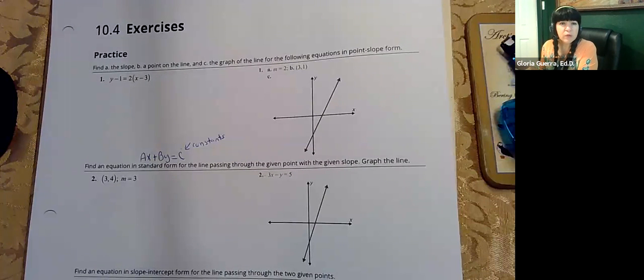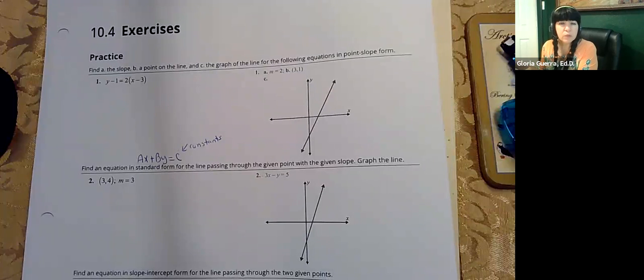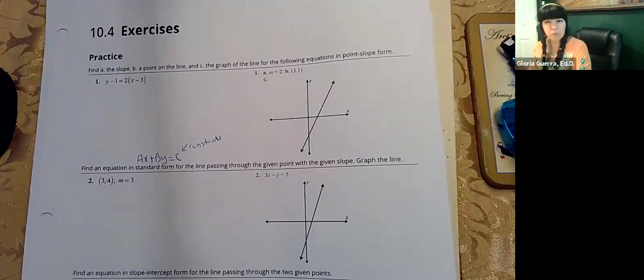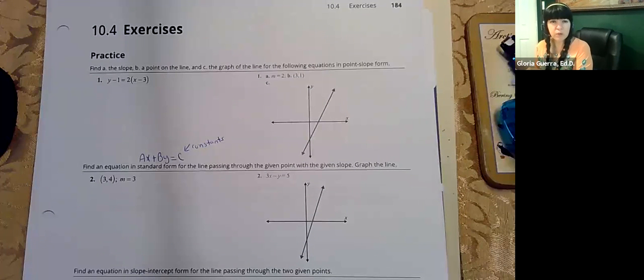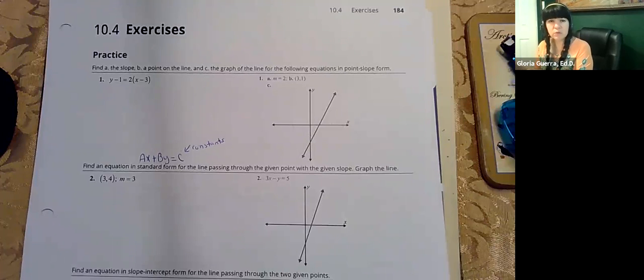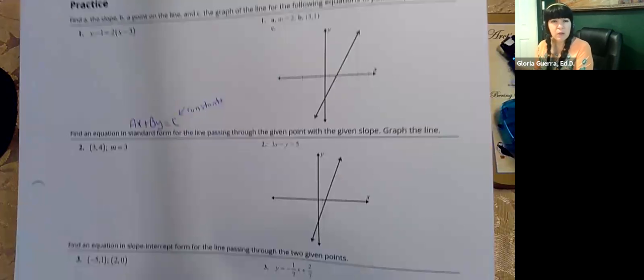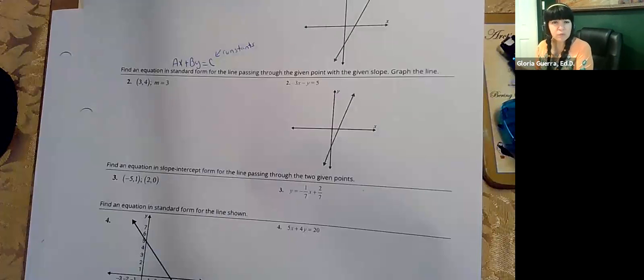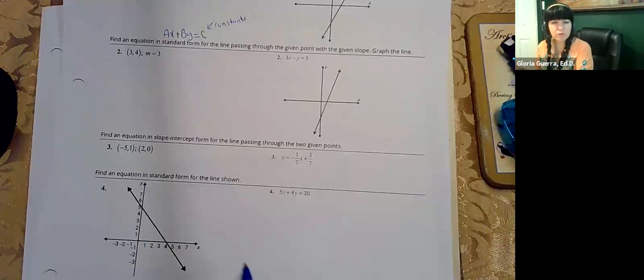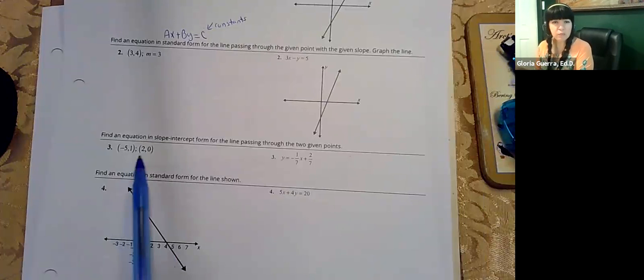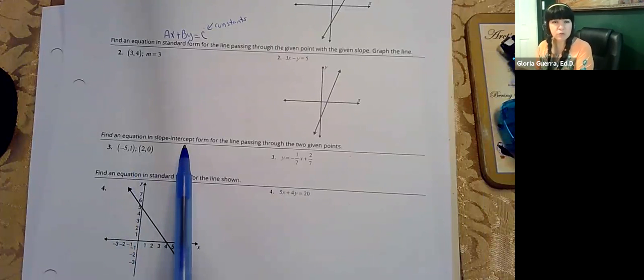Number 1, find the point slope. On your homework, I don't think we picked out problems like number 1 where you have to pinpoint the slope from the point slope form. I don't think you have to worry about those kinds of problems. Number 3, yes, with 2 points given, you can find M. And then slope intercept form, y equals mx plus b.